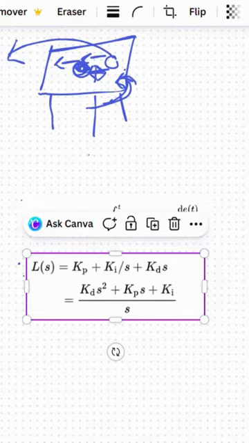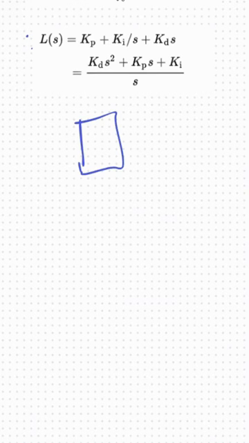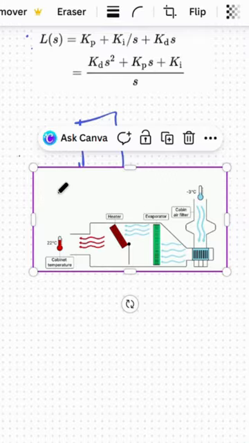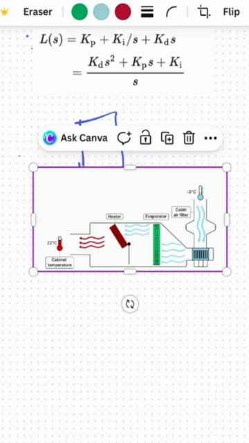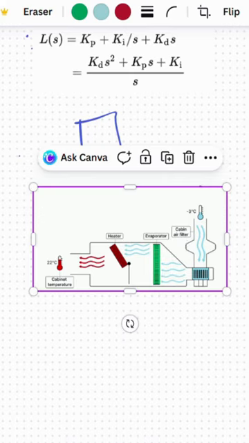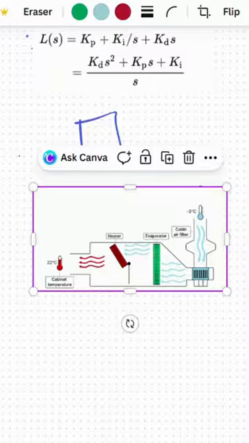Now let us look at a real life example. In this diagram we can see how the temperature is being controlled. So if the temperature difference is large, we will account for it by using a larger proportional value, and if the rate is slow, then we can decrease the Kd value, etc. For example, this can also be used in case of acceleration.